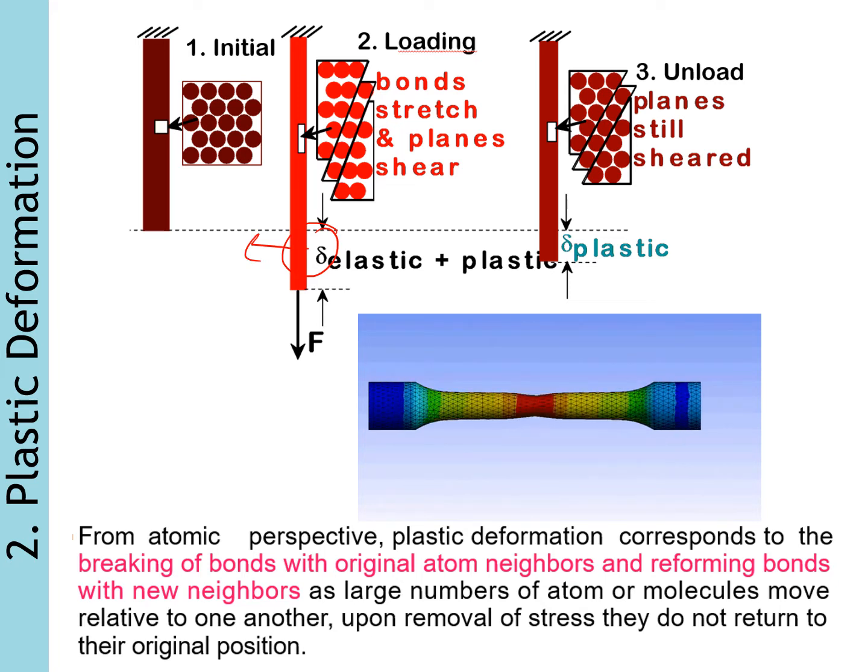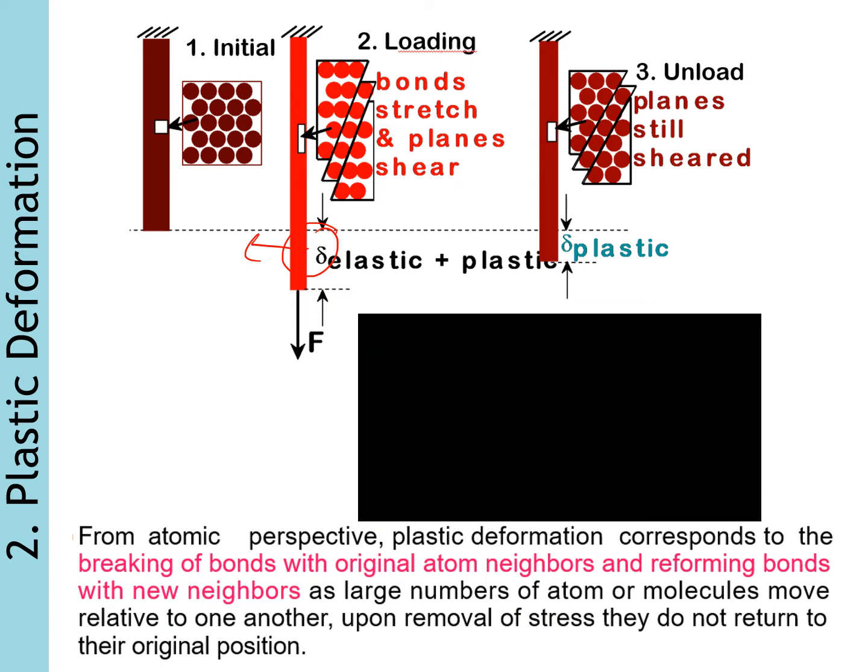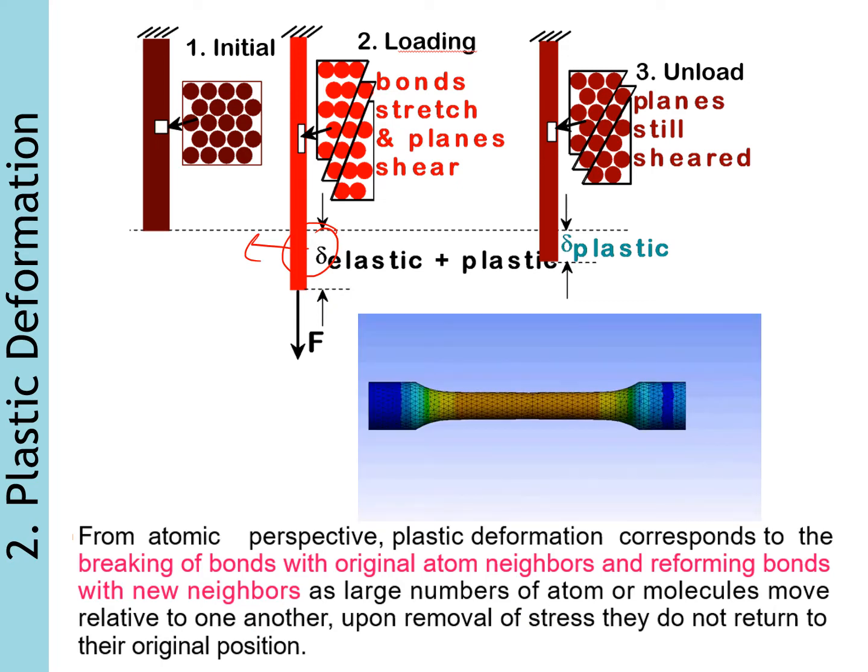It shows a combination of the elastic and also the plastic. But by the time it starts entering the plastic, it shows that when you unload, the plane is still sheared. It cannot return to the original. This is what we call the changes in the plastic region. From the finite element analysis over here, you can see how the necking took over the sample.